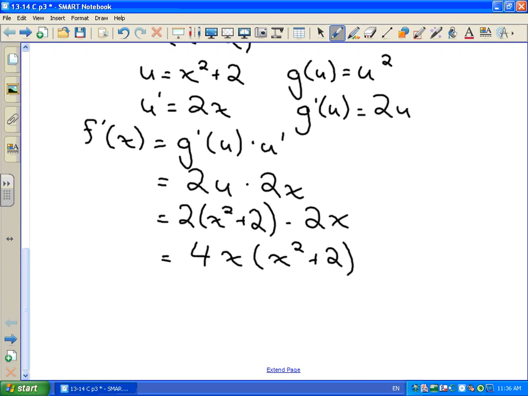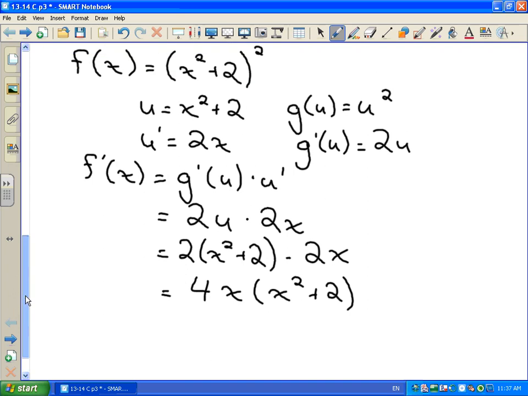And that would be our derivative. Okay. So to begin with, we will evaluate these using this definition that I've given you here in terms of g at u and u primed. And we'll do a couple of examples that way, and then I'll show you a little shortcut that can speed things up a little bit. Okay? That you can start using once you get good at it.